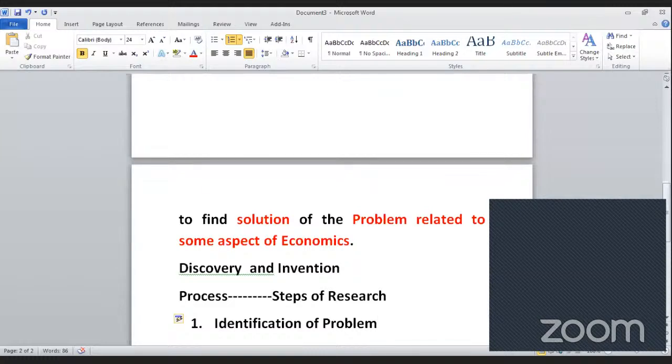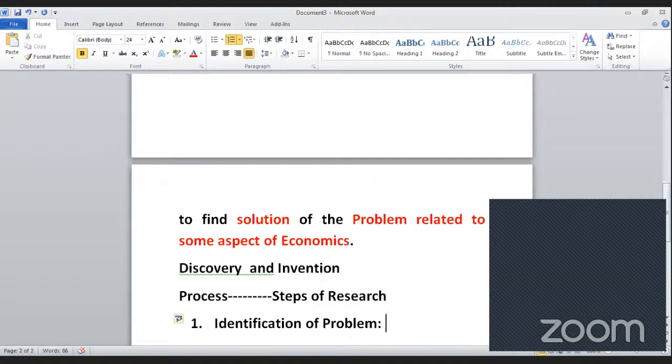Now, as a researcher, you should know that when you are ultimately selecting, what are you selecting? You are selecting a problem. And what is another word for the problem? The another word for the problem is variable.